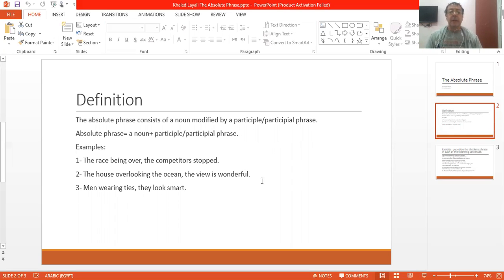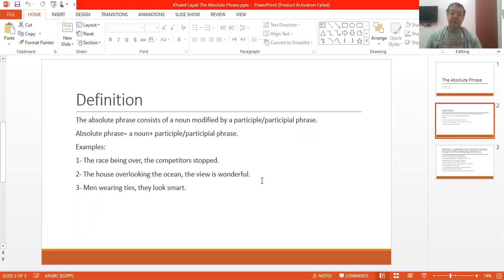Number two, the house overlooking the ocean, the view is wonderful. The house is a noun. Overlooking the ocean, that is a participial phrase modifying the noun, which is the house. So, the house overlooking the ocean, this phrase is called an absolute phrase.